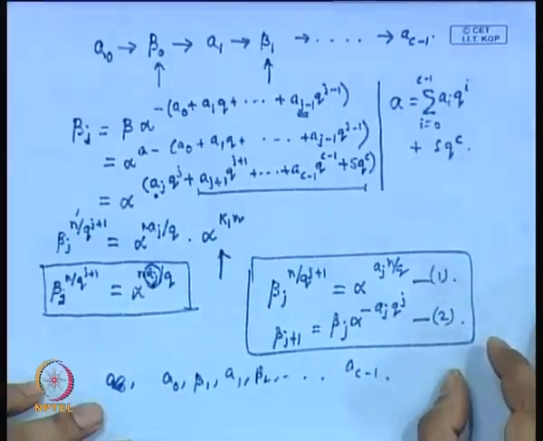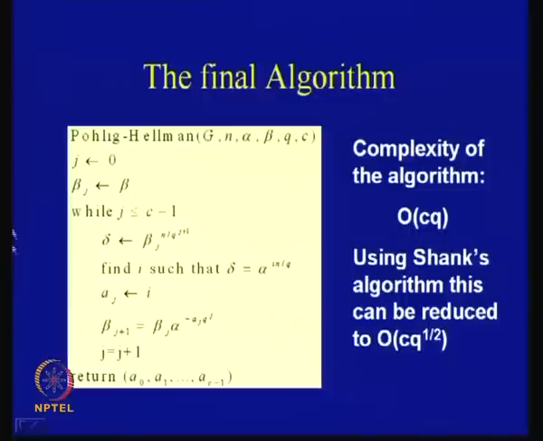Now, this is a final summarization: given your g, n, alpha, beta, c and q, what you are basically doing is computing beta j, raising it to the power of n by q to the power j plus 1 and checking for which value it is equal to alpha to the power i n by q. Whichever value this is, you know that this is the corresponding value of aj, and you repeat this. That way you can obtain a0 till ac minus 1.